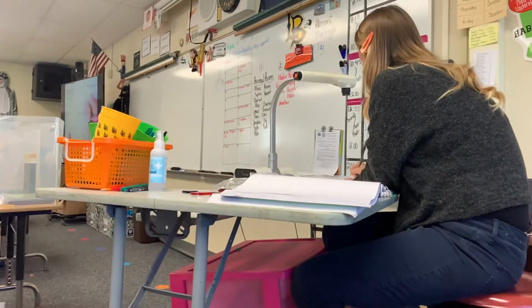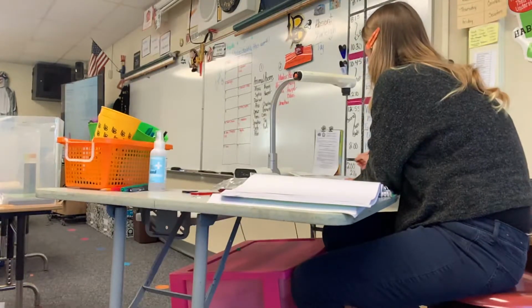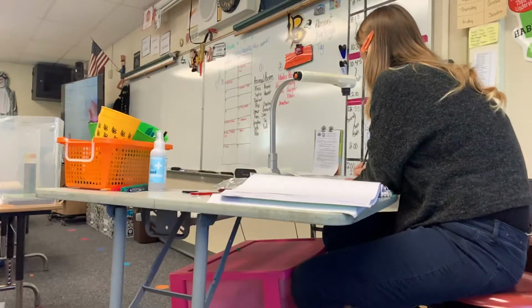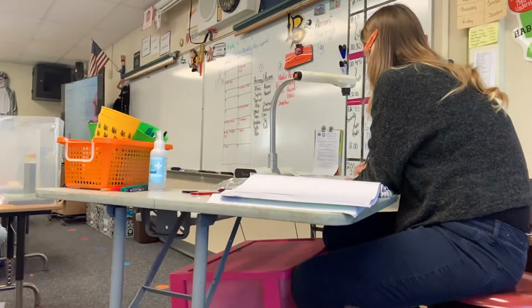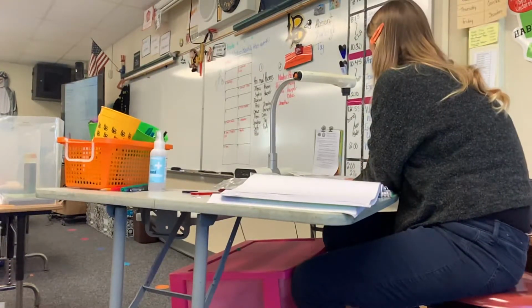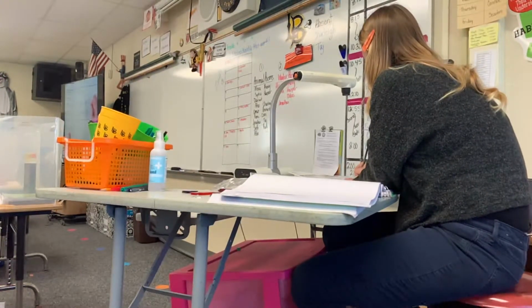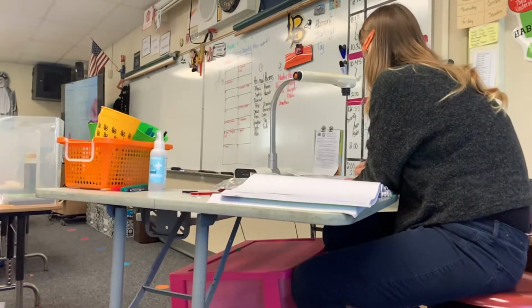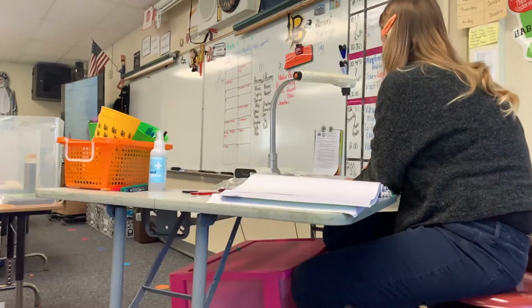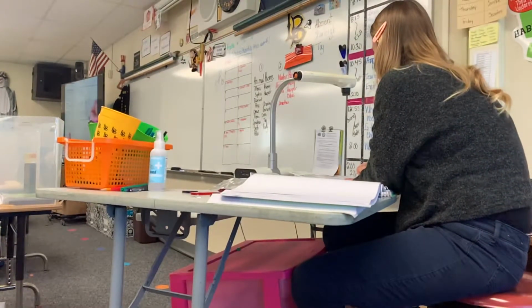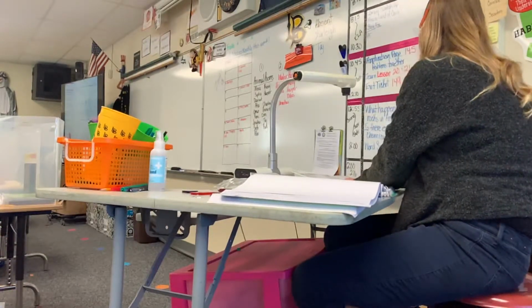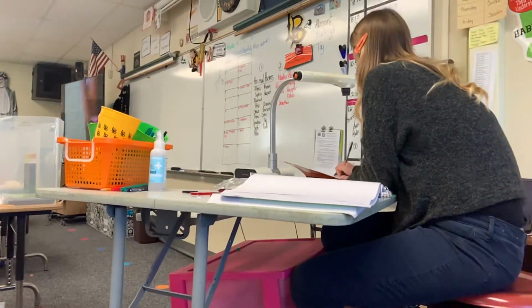So you said 10 tenths, and what does that give us? 1 whole. 1 whole, and what do we have left over? 4 tenths. So our answer is 1 and 4 tenths. All right, great work.